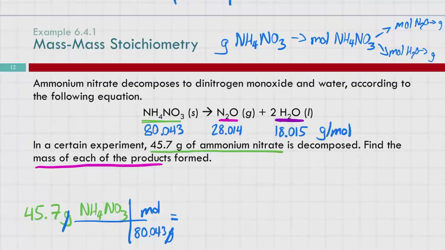So 45.7 divided by 80 and some change, 0.570 and some other stuff, moles of ammonium nitrate.